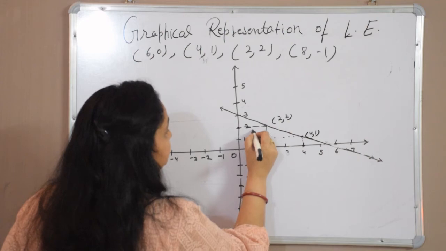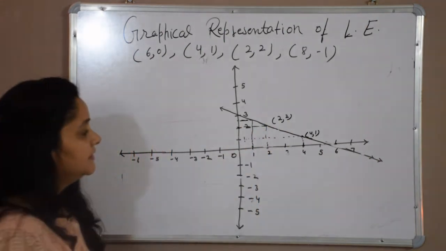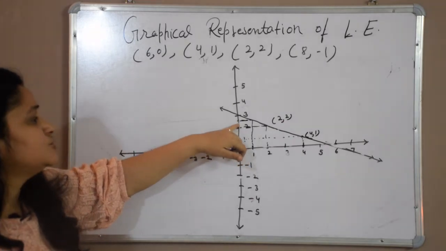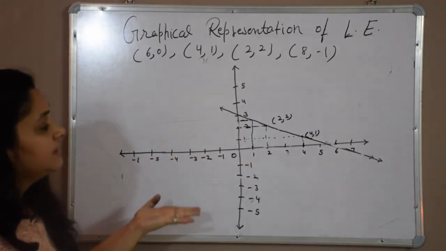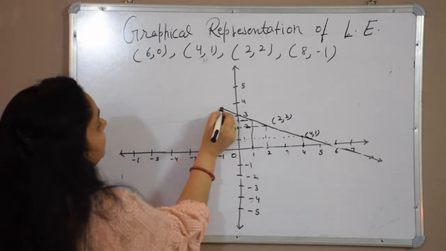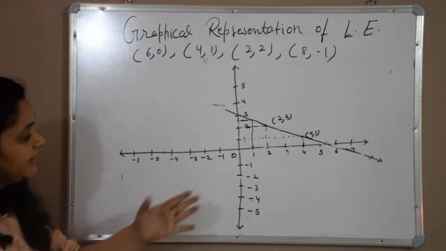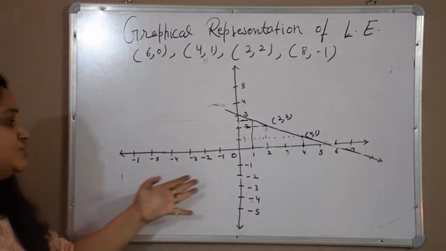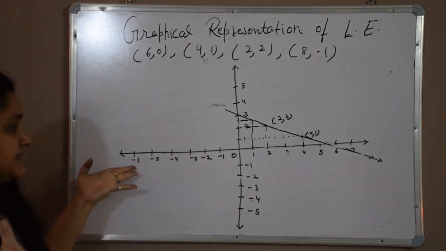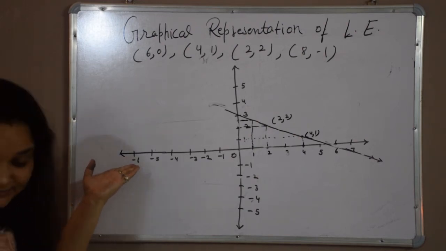Like this, 1 and whatever it comes, 2 point something, it will also be a solution. And because we can extend it indefinitely on both sides, negative points are also solutions. We can choose the x-axis in the negative form also.